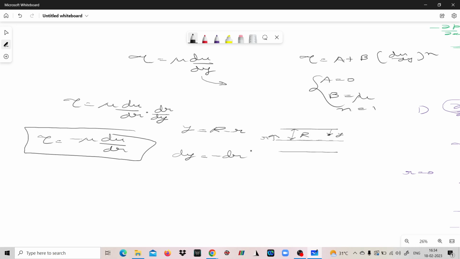We have already seen that tau is equal to minus r by 2 del p by del x. This we have already derived.